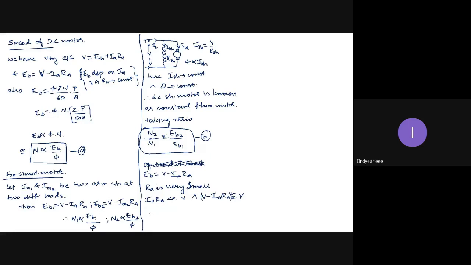And EB is nearly equal to V. That is, EB is almost constant.